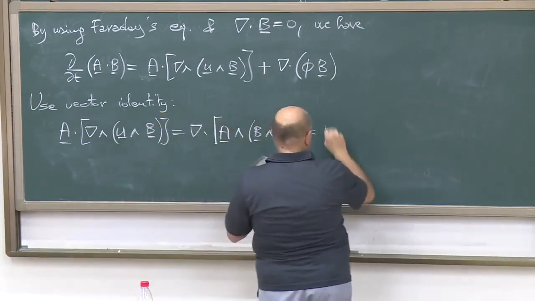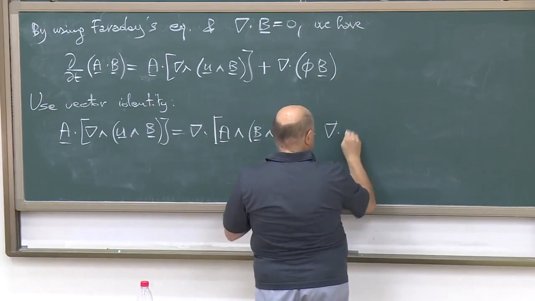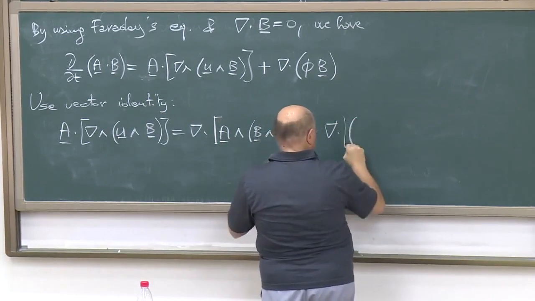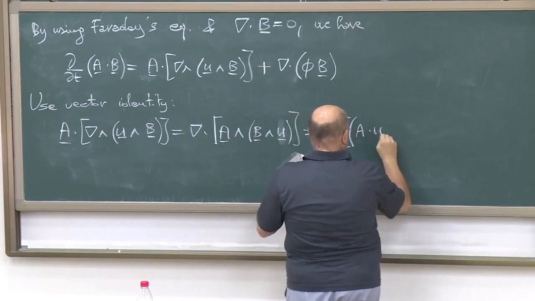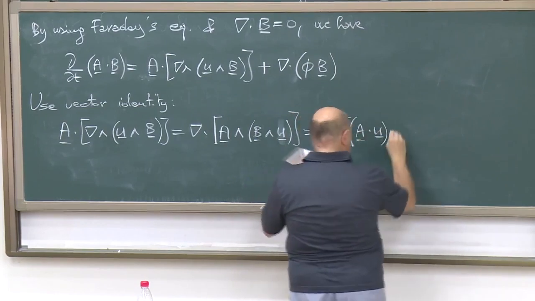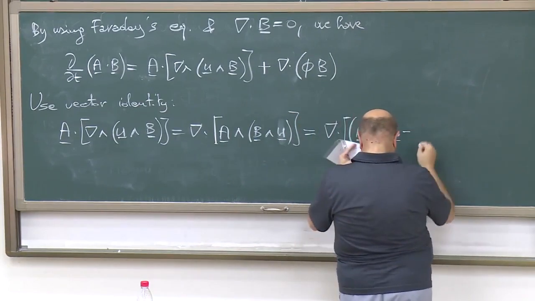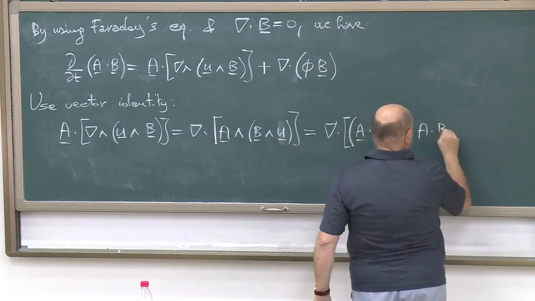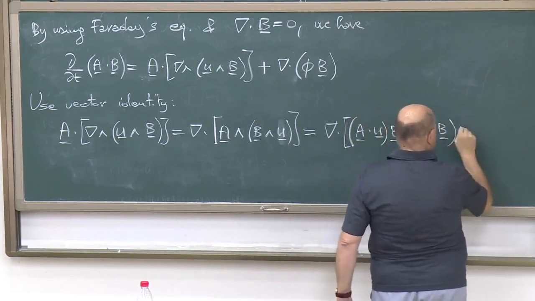You go to books, and you find that this can be written as A dot U B minus A dot B U.